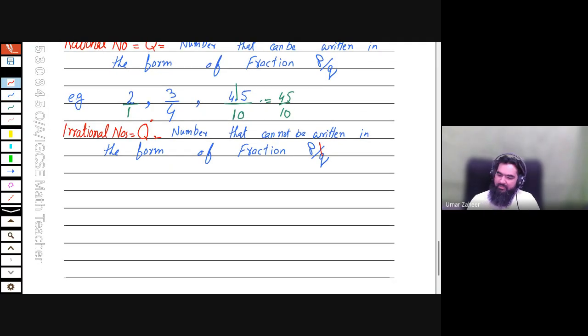For example, if you are finding the value in the calculator, everyone, please find the value of the square root of 2 in the calculator.